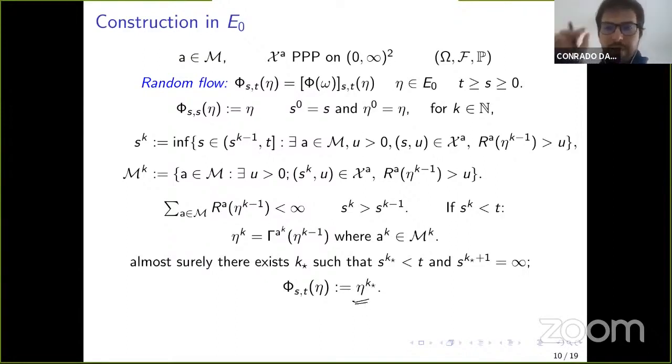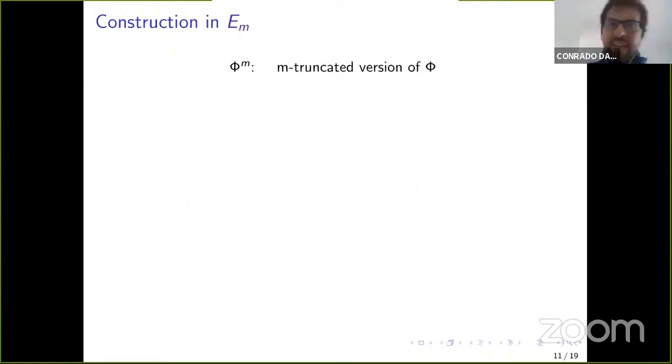This k star is the kth configuration that we have built using this rule here, updating according to the first mark that appears. Right. That's the construction in the finite space. In the compact space, we are doing two things.